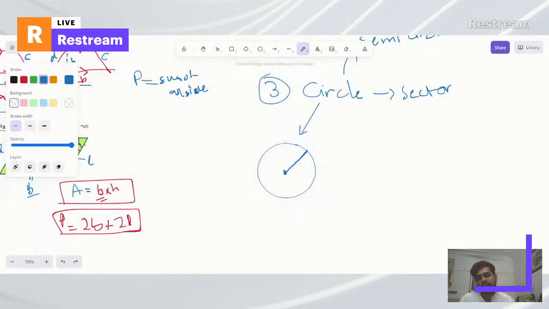So the length that goes from the center and touches the circumference is called a radius, right? And now if a line crosses from one end of the circumference to another end while crossing the center of the circle, right, that line is called a diameter.